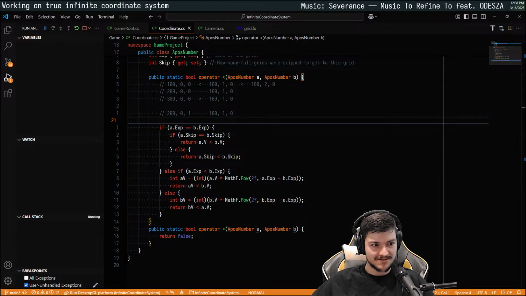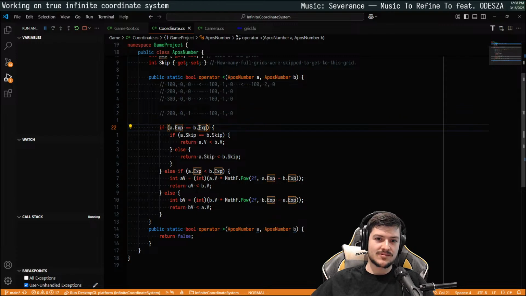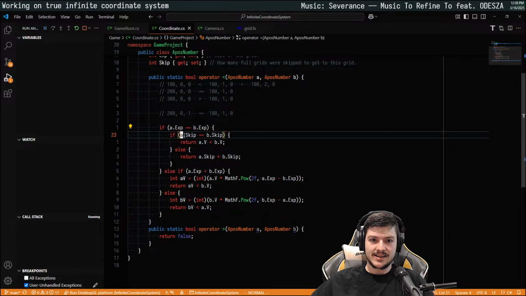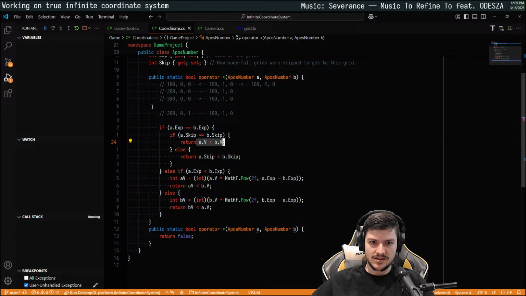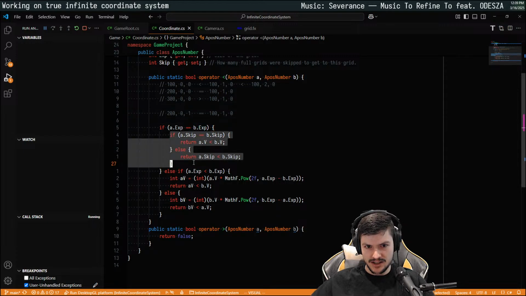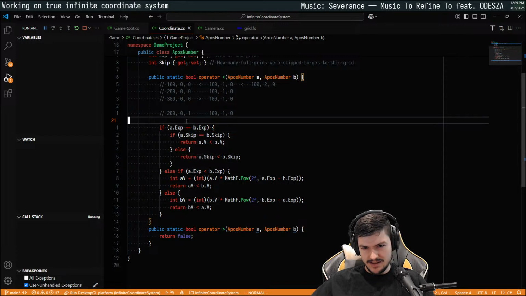What is this? So if the numbers are the same magnitude and they are the same skip, then I can compare them. Otherwise, compare the skip and don't worry about the smaller. Okay, so this is good.